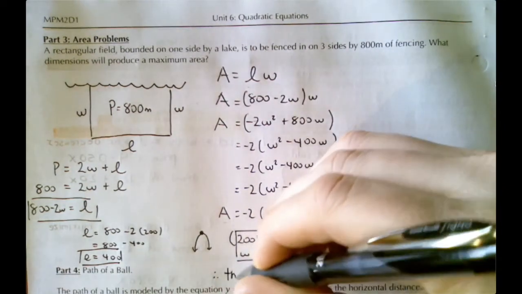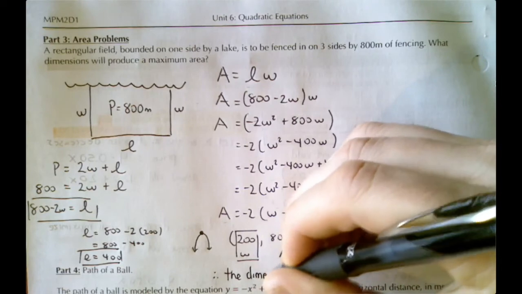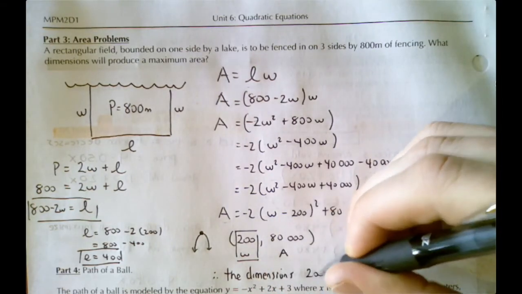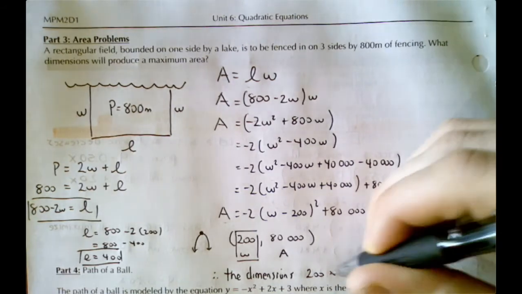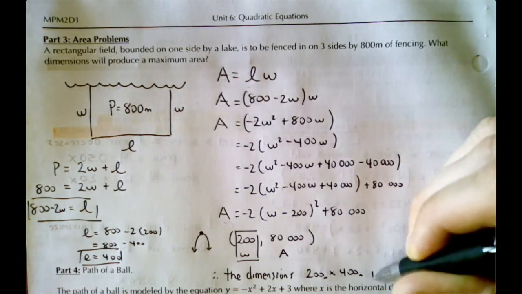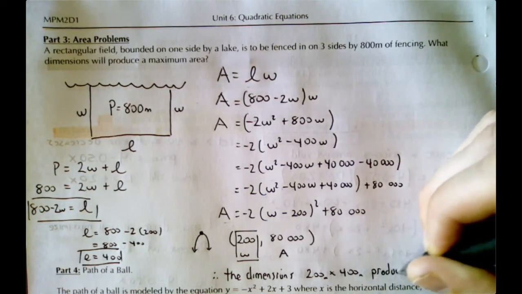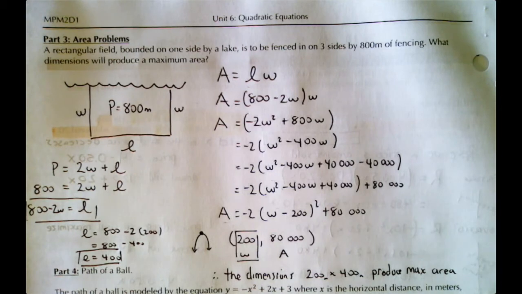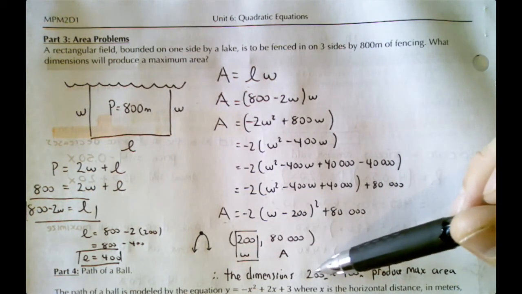Therefore, the dimensions 200 by 400 meters produce max area. It doesn't say what is the max area. It would be 80,000 meters squared. It says what dimensions? Well, 200 by 400.